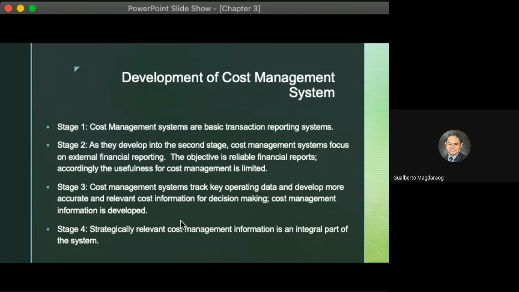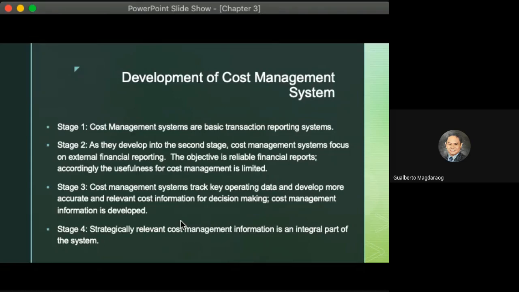So stage 4, dahil naiintindihan mo na meron palang mga effect, yung mga factors na yon sa net income natin, like quality, like timely delivery, may effect pala yan sa net income natin. Sa stage 4, strategically relevant management information becomes an integral part of the system.